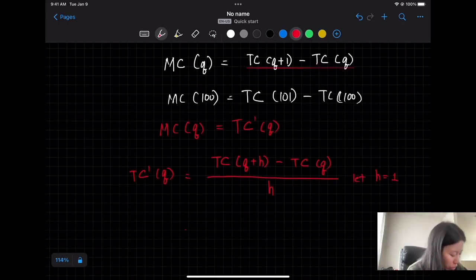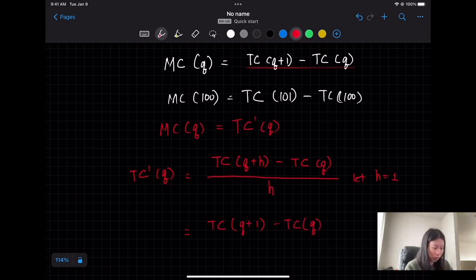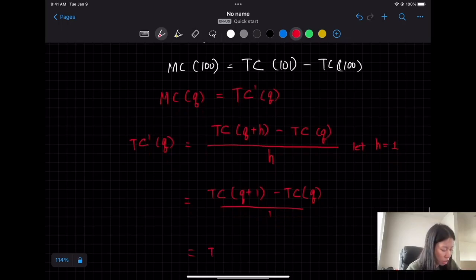So if we let h equal 1, we will have the total cost at Q plus 1 minus the total cost at Q, and then over h, which is 1. When you divide by 1, that means everything is the same.